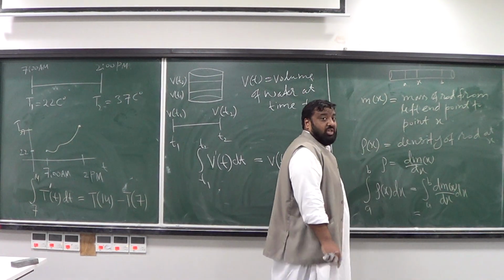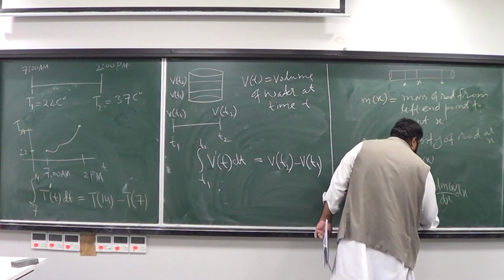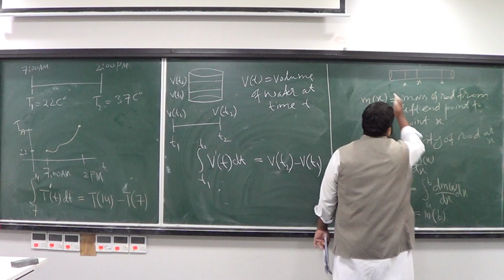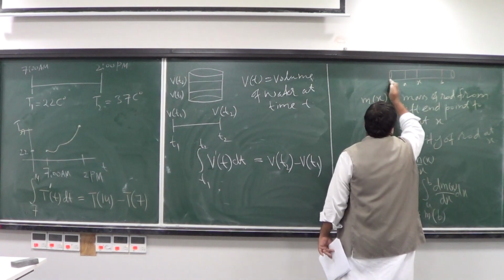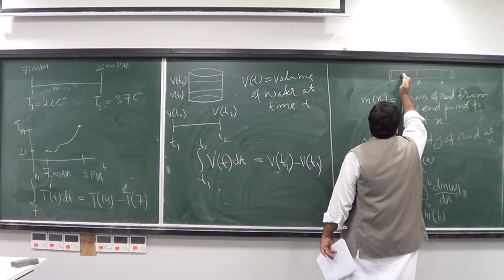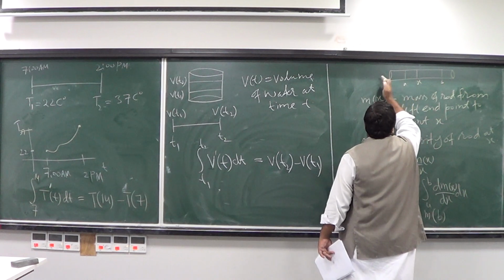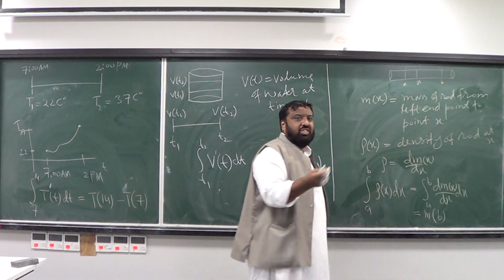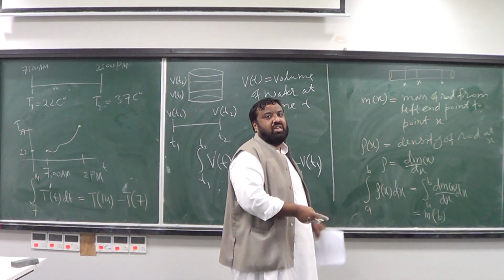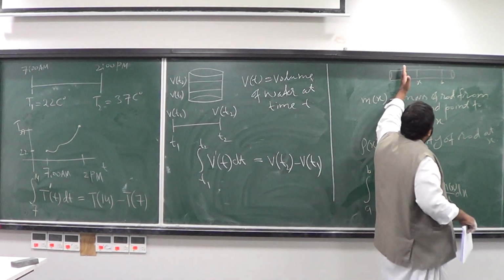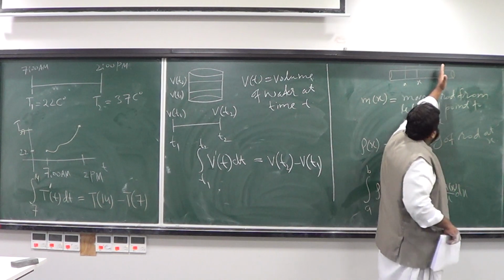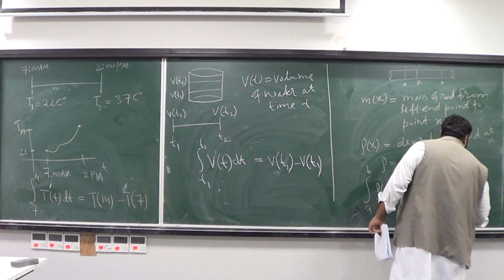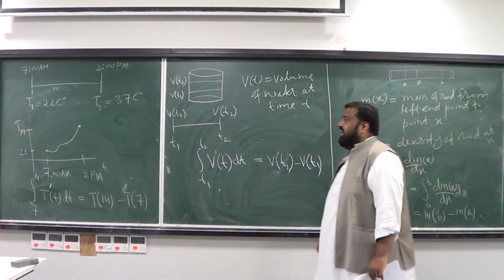By the fundamental theorem of calculus, this would be equal to the mass up to the point B. If you subtract the mass up to the point A, what is going to remain is the net change in mass, the net mass of the rod from the point A to the point B on the rod. So this is going to be m of B minus m of A.